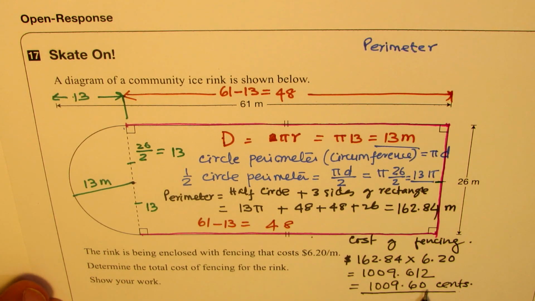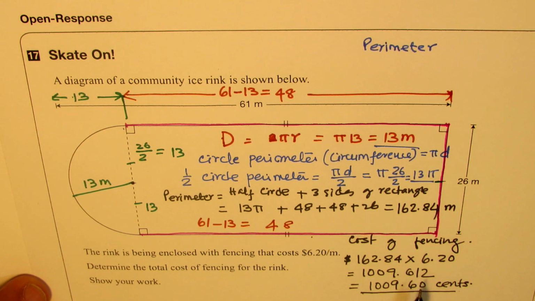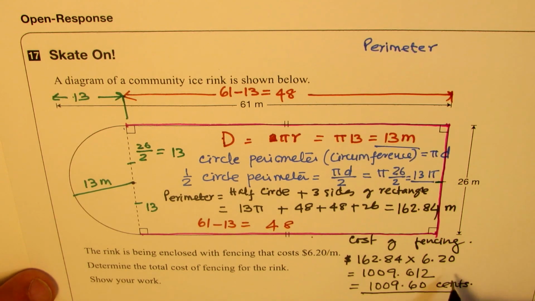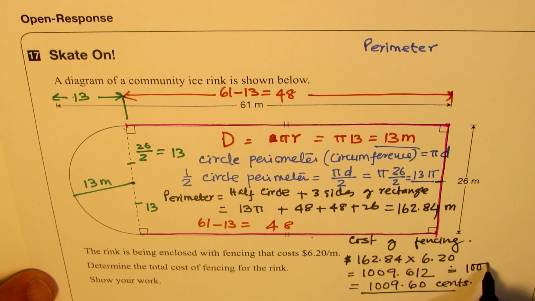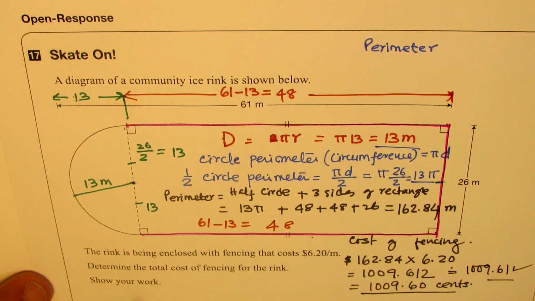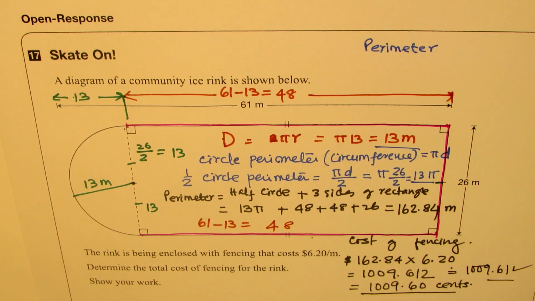So we'll write this as 60 cents, rounding off to the nearest five cents. You could also write approximately 1009.61. That is also correct, okay? So that is how you could answer this question. I hope it makes sense.